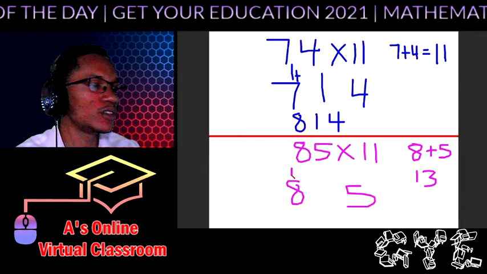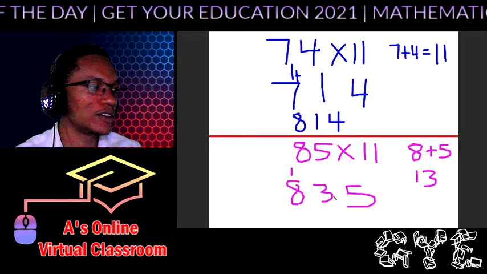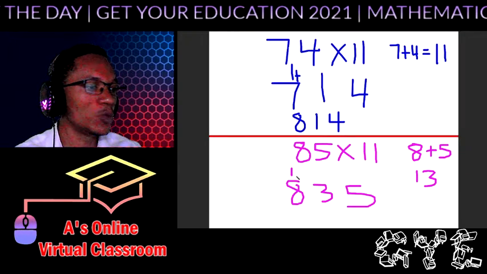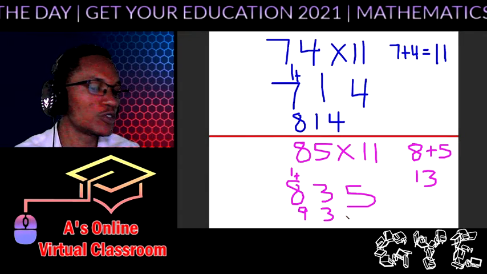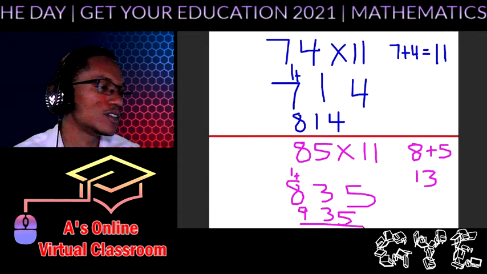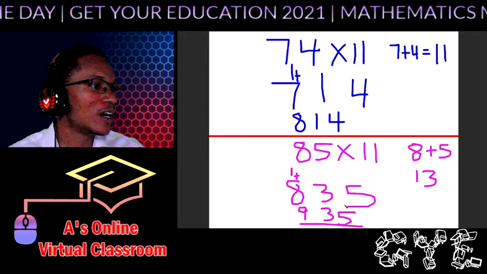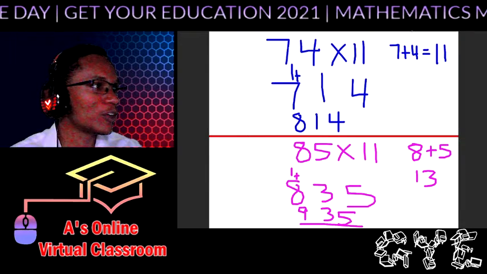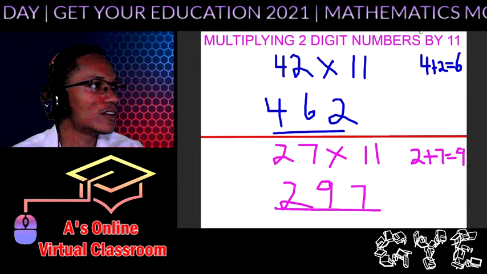So we're going to drop in the 13 here, and we'll add the 1 to the 8, and we'll get 935. You can double check me on your calculators, make sure I got all correct.